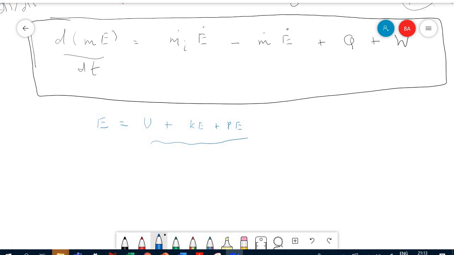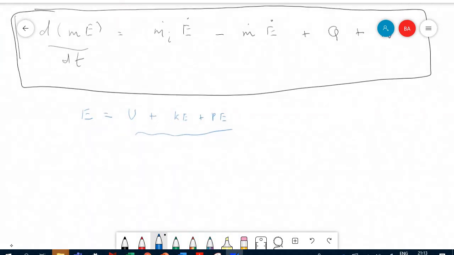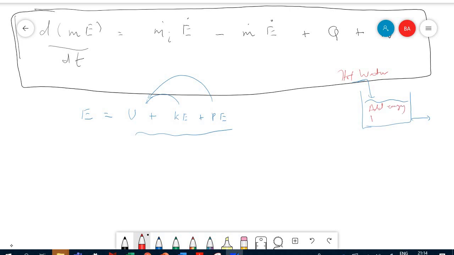But let's think of it. What is the comparison of the kinetic energy to the internal energy? If you think of a system again, for the CSTR, if hot water or whatever hot liquid gets in, it is definitely going to add energy to the system.